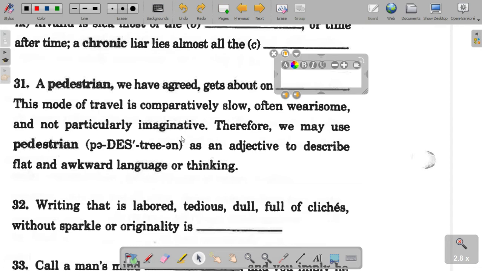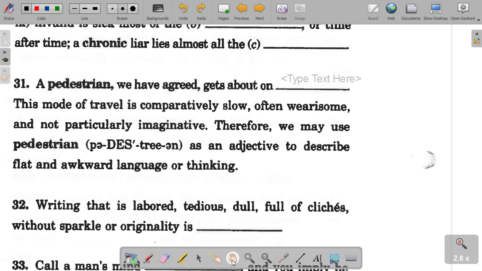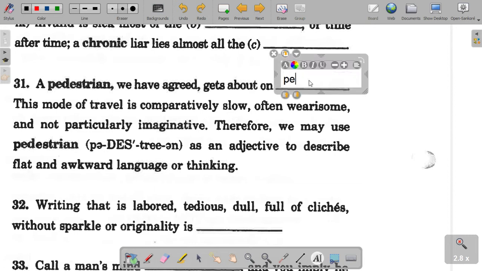However, pedestrian can also be an adjective that describes kind of an awkward language or way of thinking, or just something that's very basic and not advanced. So a pedestrian person speaks in a very labored, tedious, dull way. They have a lot of cliches that they're saying. There's really no originality. They could be described as pedestrian. And of course, it comes from the same root. It basically is something that's comparatively slow.